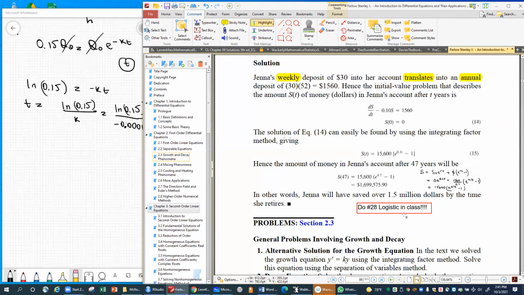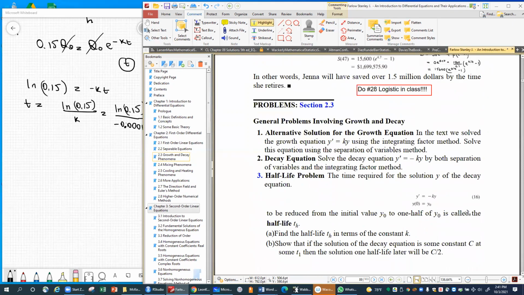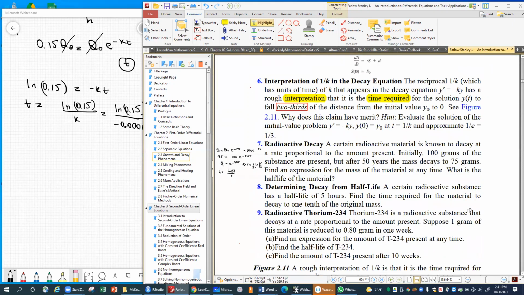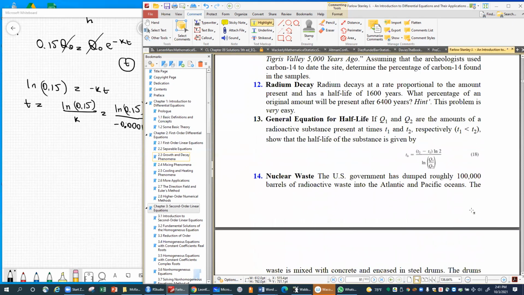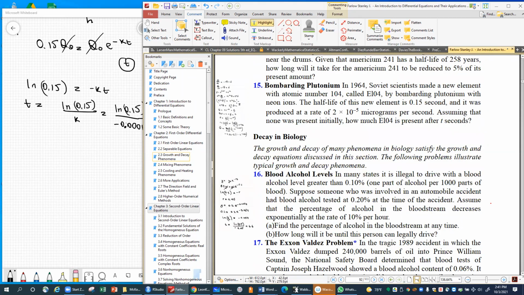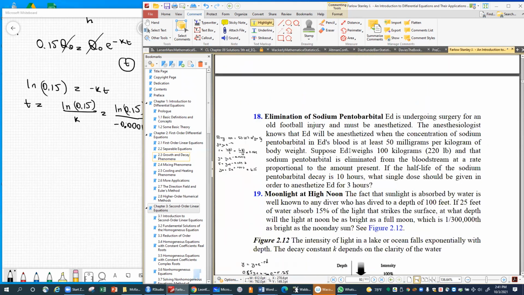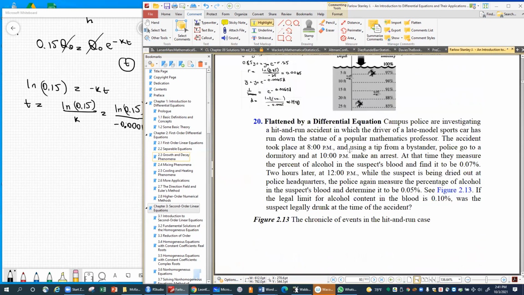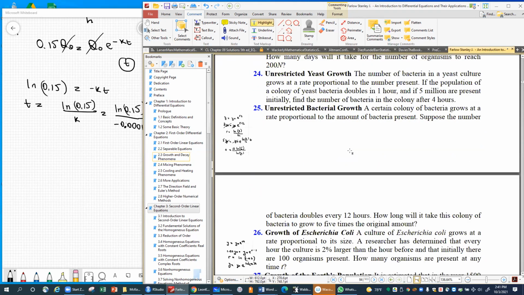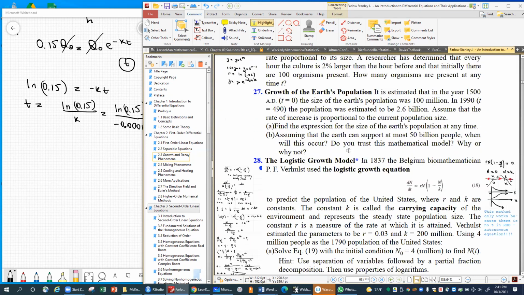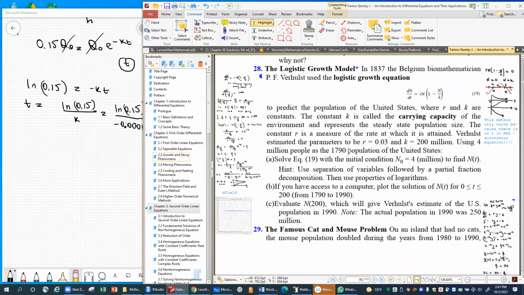There are all kinds of interesting things, and some, like 28, have to be done in class. Actually, there are some more interesting problems here. Bombarding plutonium, elimination of a drug in a system. But 28 has to be done in all detail.